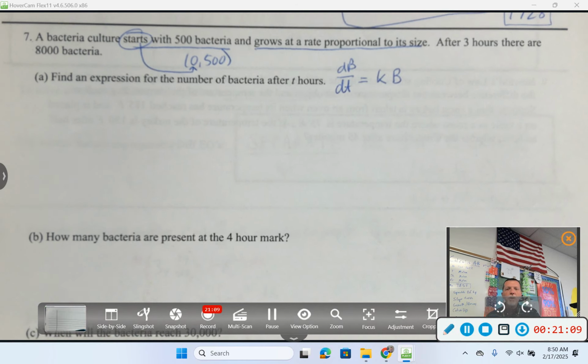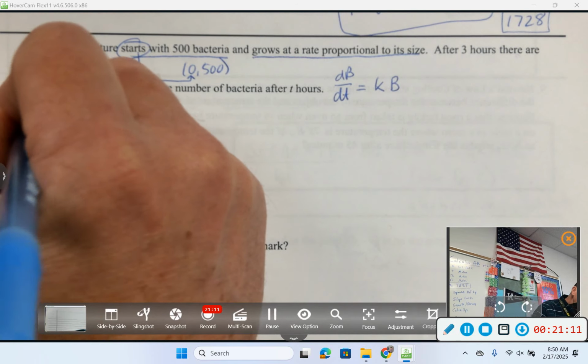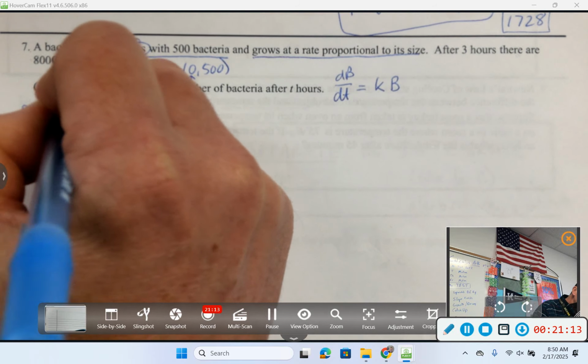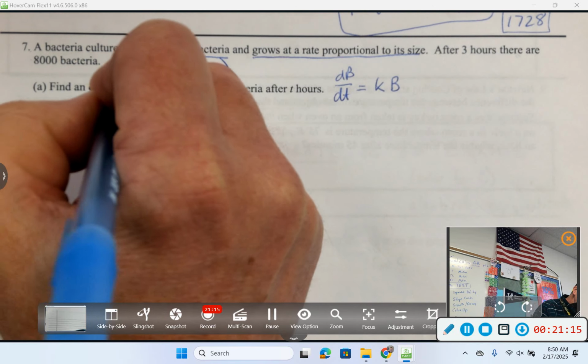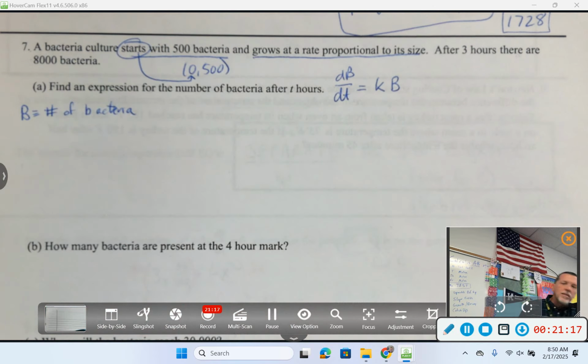If B is the number of bacteria, then yes, dB/dt equals KB.